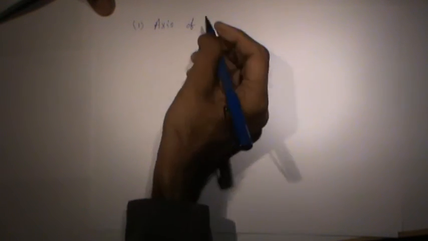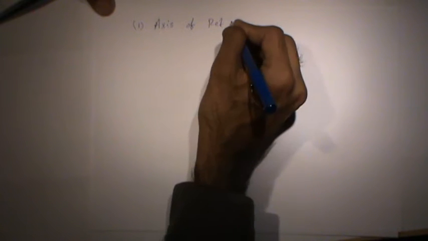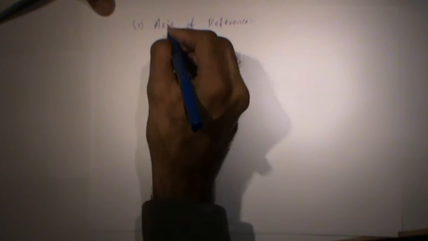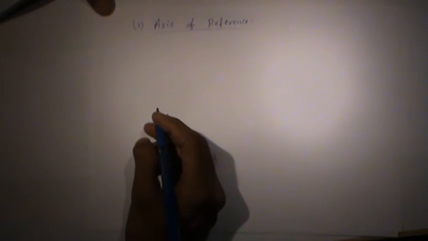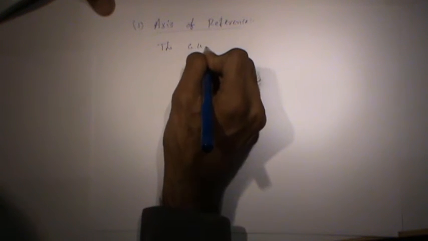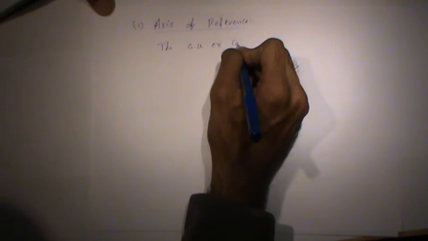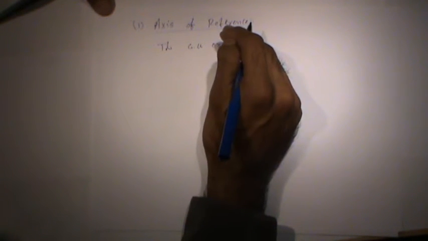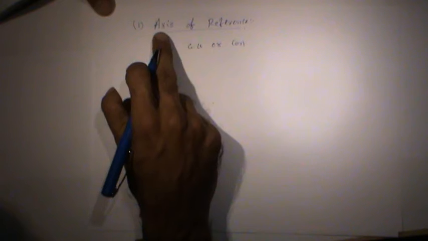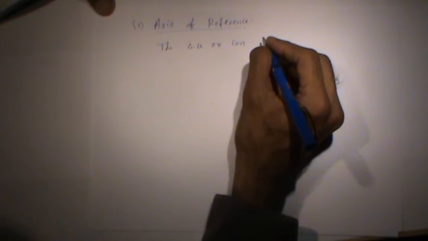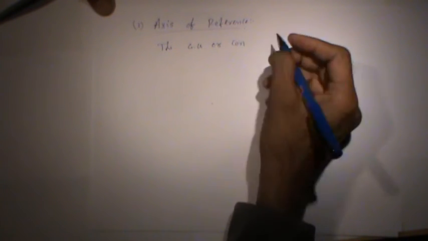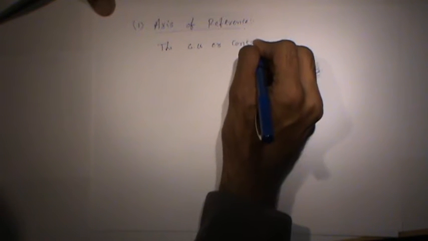axis of reference. Now what is the axis of reference? This is required not only for the CG but also for the centroid. This terminology is not only used for the CG but also for the centroid.